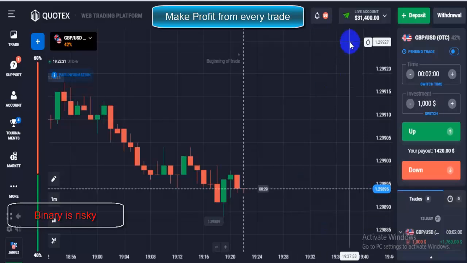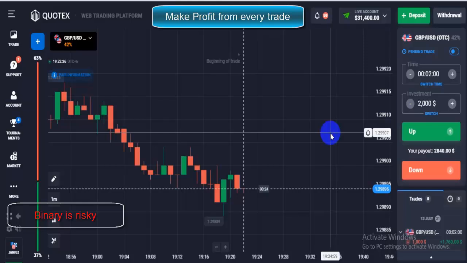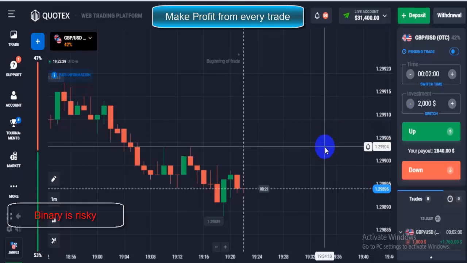I am waiting for a good price and a good position, and when I get a good position, I take entry and wait to see whether there is profit or loss. But I know my trading strategy never drops my balance. It is always profit.